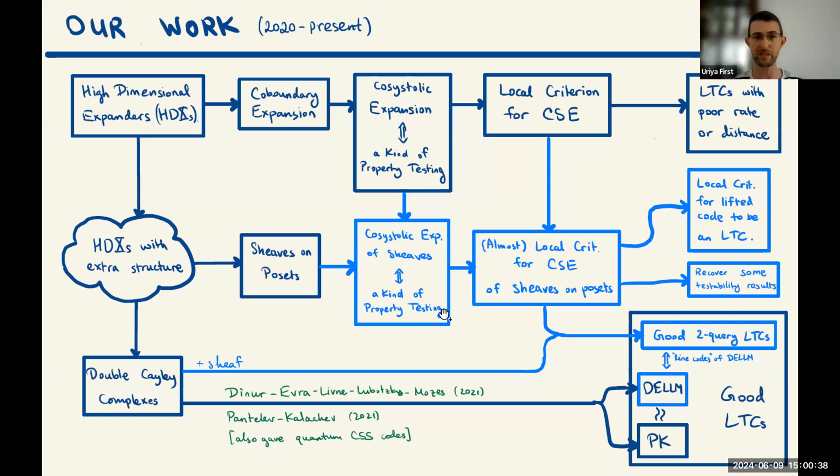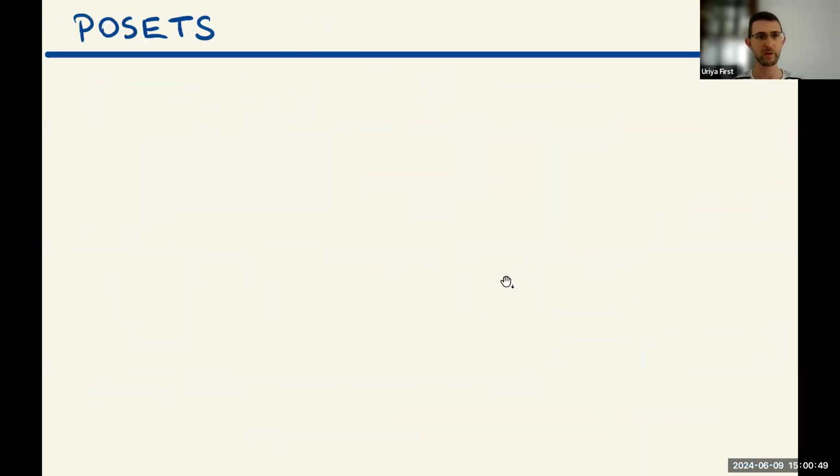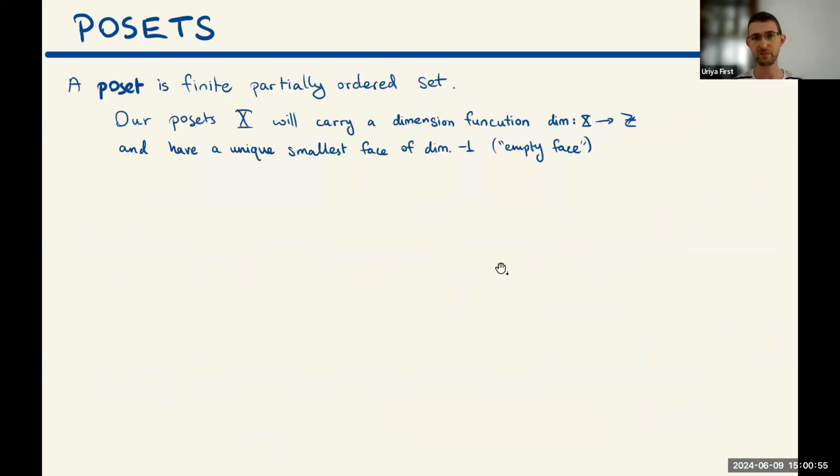And now I want to tell you a little about what sheaves on posets are and what cosystolic expansion is, and what our criterion says and how it can be applied. Okay, so posets. A poset is just a finite partially ordered set. Our posets will also carry a dimension function, taking integer values, and we insist that there is a unique smallest face of dimension -1, and some other structure that I will not talk about.